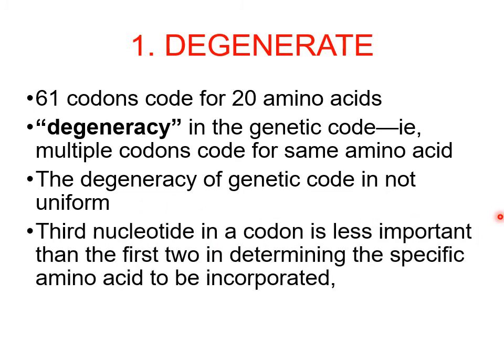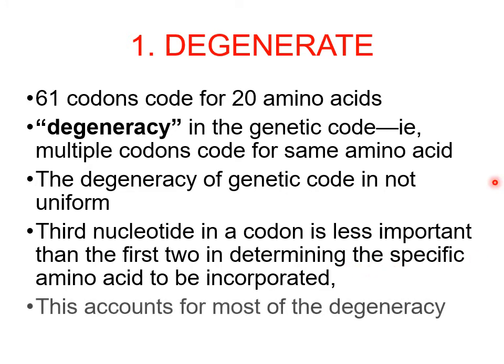So the degeneracy of the genetic code occurs because the third nucleotide in the codon is not important in determining the specific amino acid. It is only the first two nucleotides which are important in determining which amino acid it is going to code for.